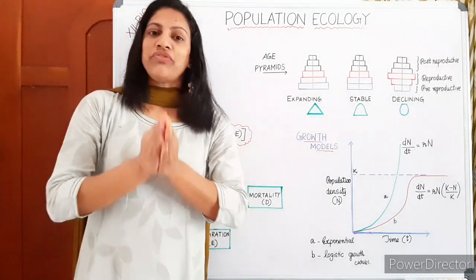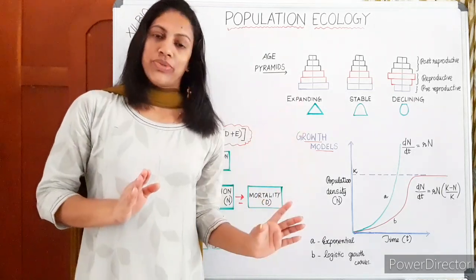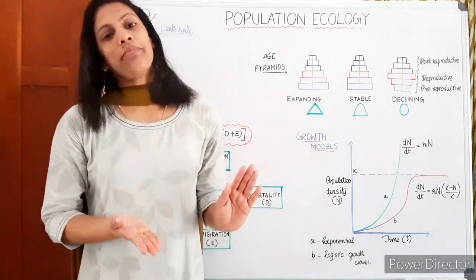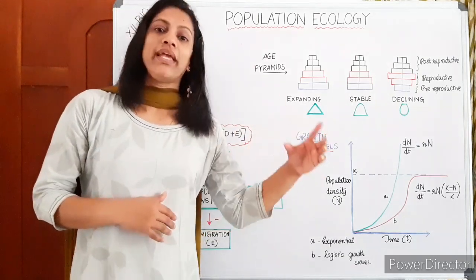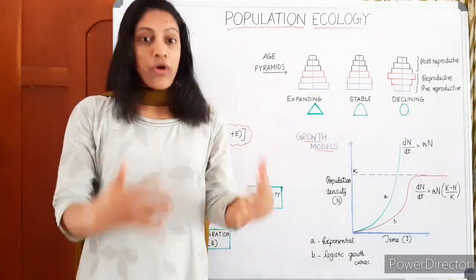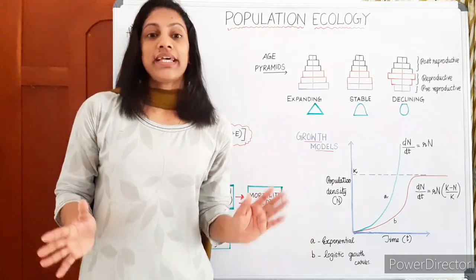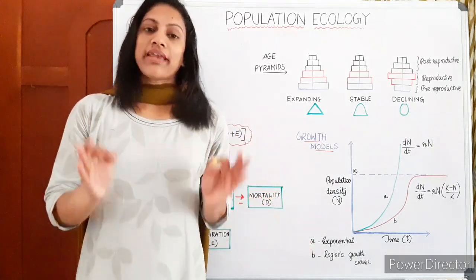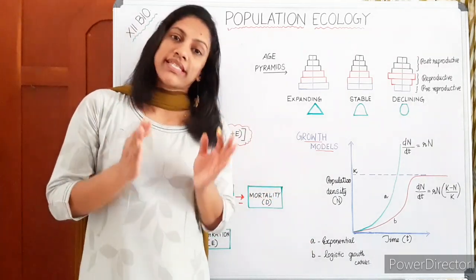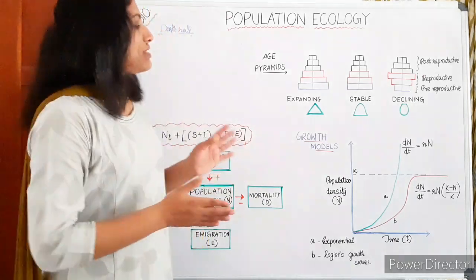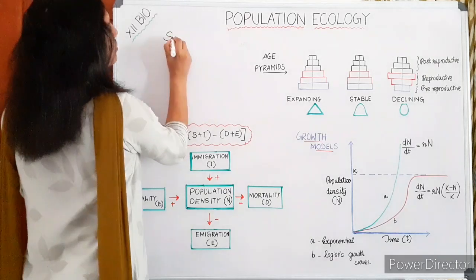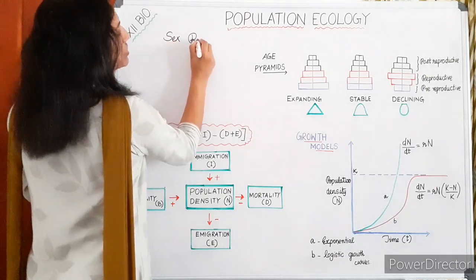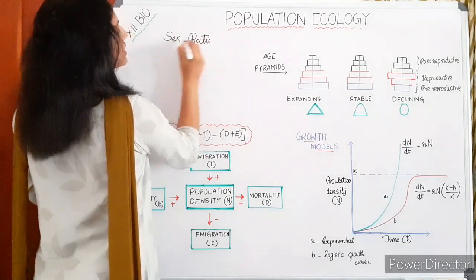Similarly, when we consider an individual, it may be either female or male, the sex we say. Whereas in a population, we call it sex ratio. The characteristic of the population is sex ratio. That means the number of male and female individuals. The percentage of male and female individuals represents the sex ratio.